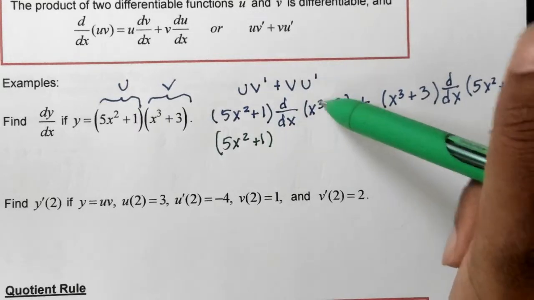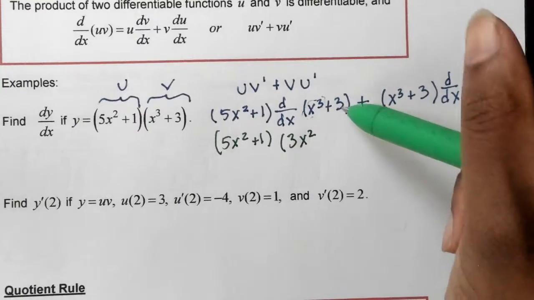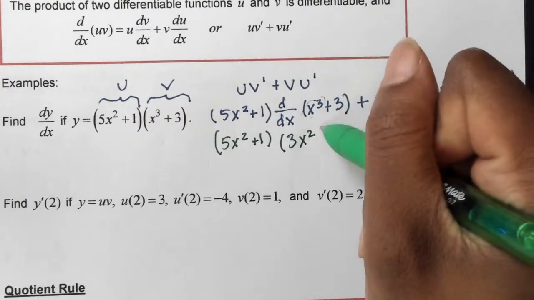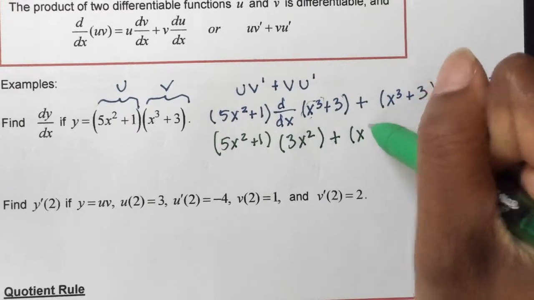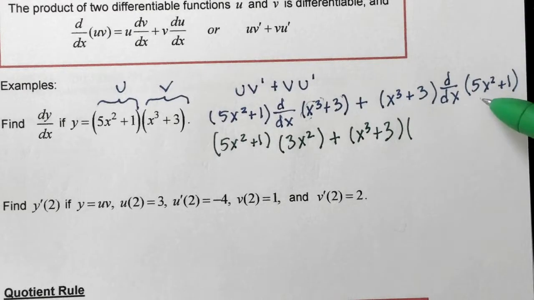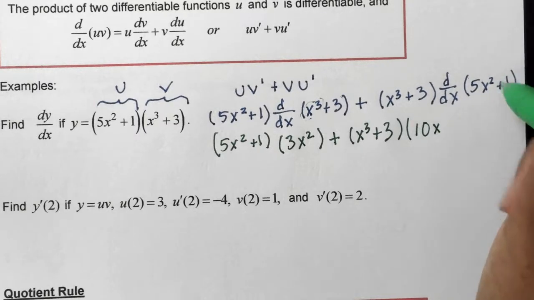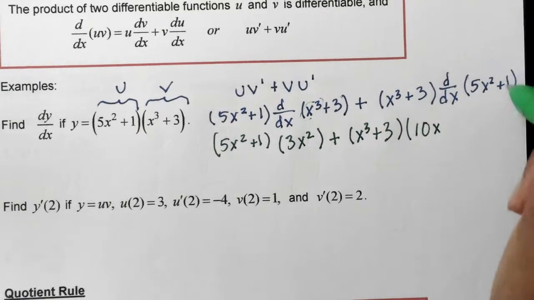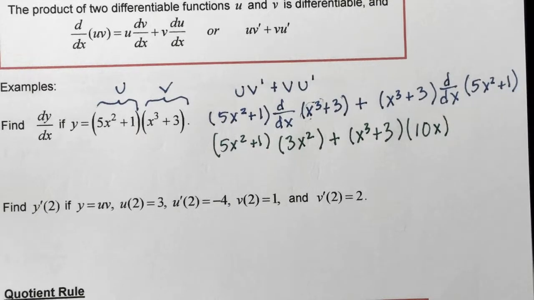So we know that x cubed is going to turn into 3x squared, and we know the derivative of a constant is 0, so we're left with that. And then when we add, we're adding x cubed plus 3, and then the derivative of 5x squared, right? 5 stays out front, bring down the 2. 5 times 2 is 10. And then 2 minus 1 is 1, which is 10x. And the derivative of a constant is 0, so we're left with this.